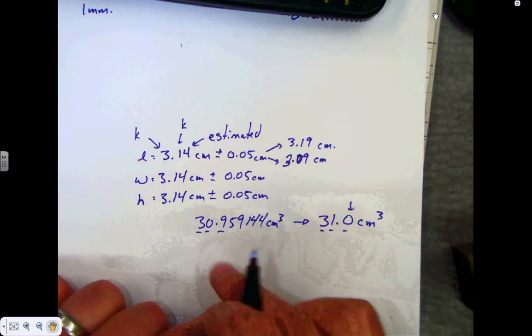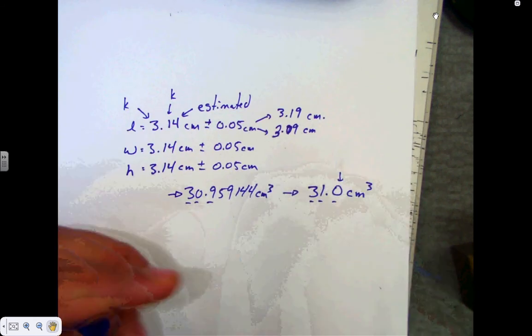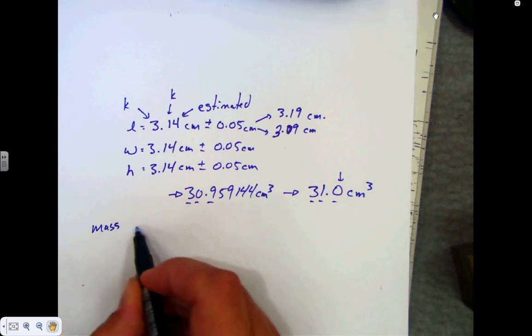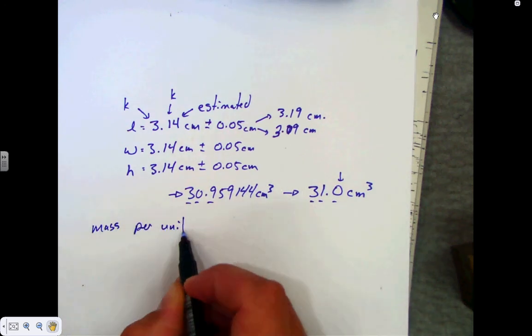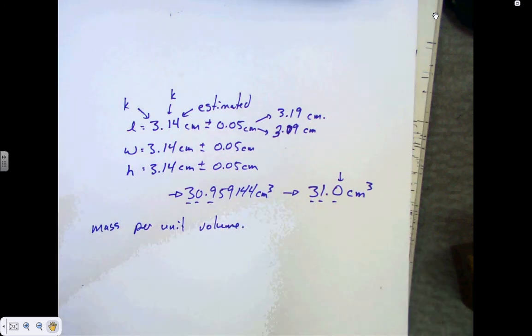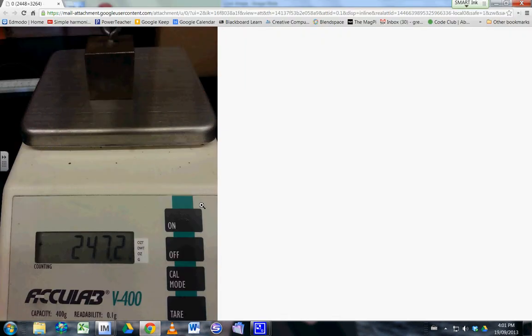However, since we're finding a density, I'm just going to hang on to this number for now. Okay, to find a density, I need mass per unit volume. Okay, so I need to go ahead and find a mass, and I already did that, and I'll just pull it up real quick. Okay, so I used a digital scale to find mass, which also brings up a kind of an interesting thing. With digital tools, there's a slightly different way of dealing with that uncertainty.